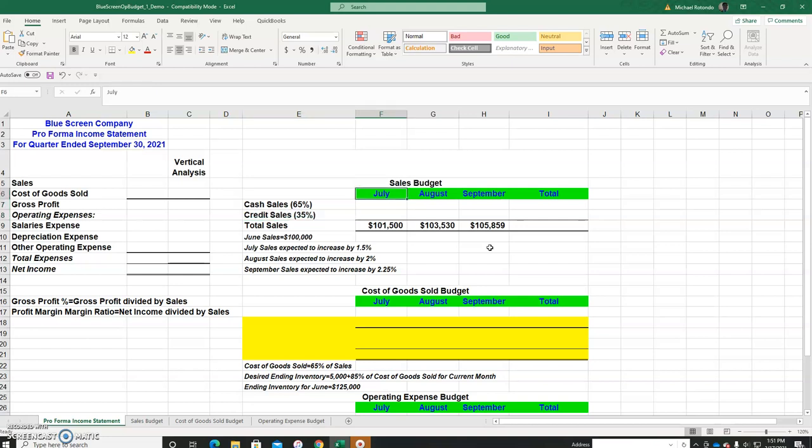So for this, we would just take the 101,500 for July times 65%, or 0.65. For credit sales, it would be 35%. So the 101,500 times 35%, or 0.35.